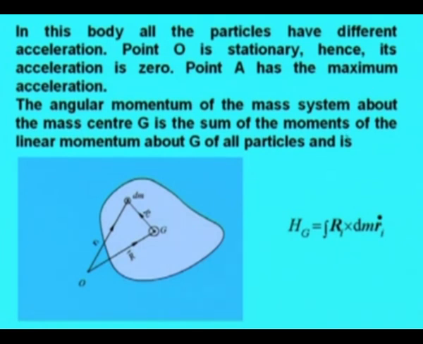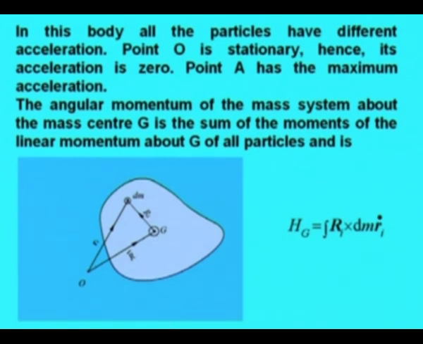Now let us talk about the angular momentum. The angular momentum of the mass system about the mass center G is the sum of the moments of the linear momentum about G of all particles, and is given like this. Suppose you have a fixed point O here, and this is the mass center.